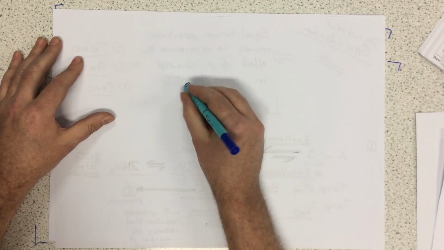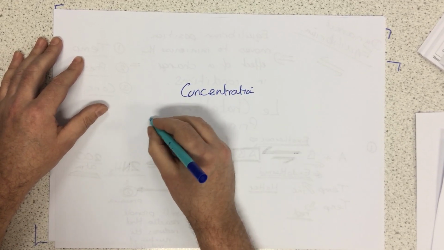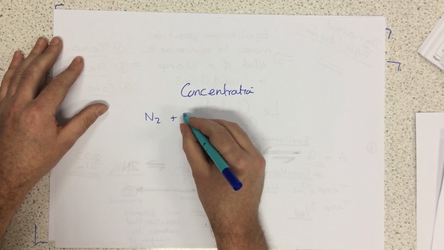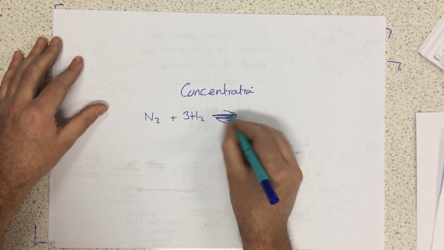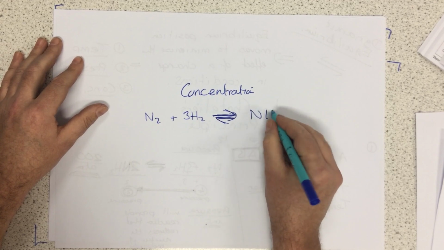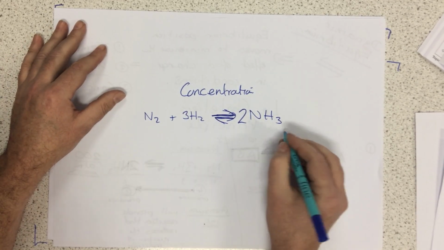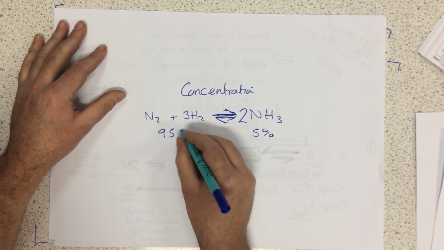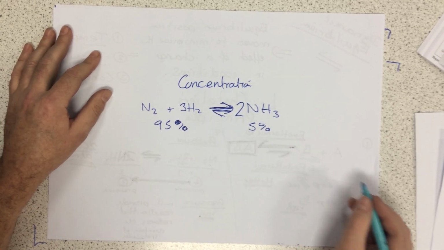Our third situation is concentration. Again, if we consider the Haber process, we have our nitrogen plus our hydrogen forming our ammonia. As this reacts, we maybe have only 5% of our product as ammonia and 95% of our chemicals as the reactants, nitrogen and hydrogen.